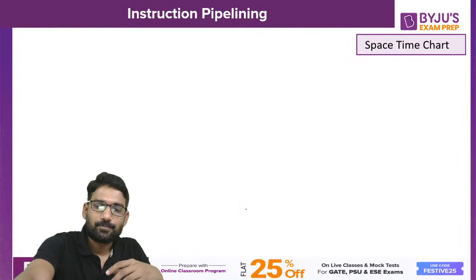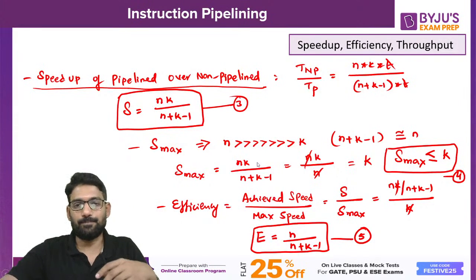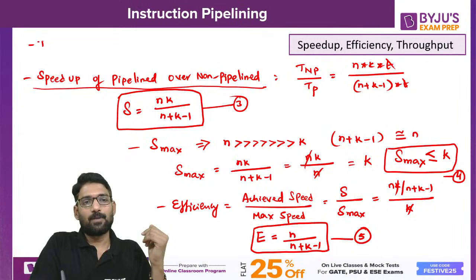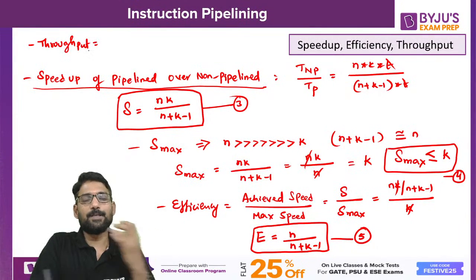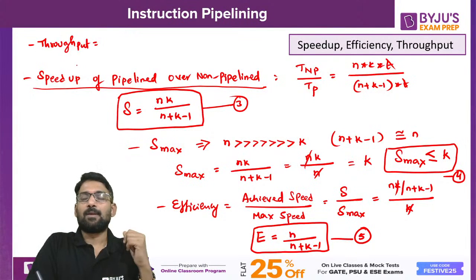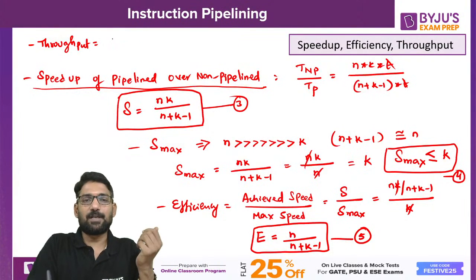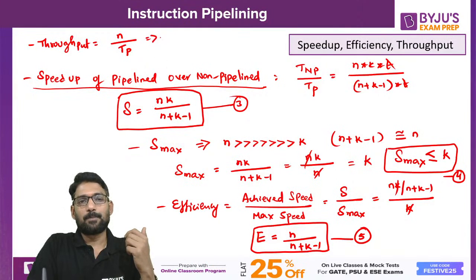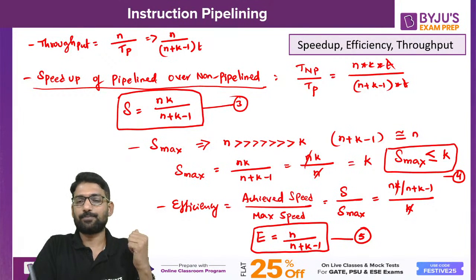Now I want throughput. So how do I get throughput? Throughput is the number of instructions that you execute over the total time. So what is the total time you got? N divided by n plus k minus 1, whole into t.